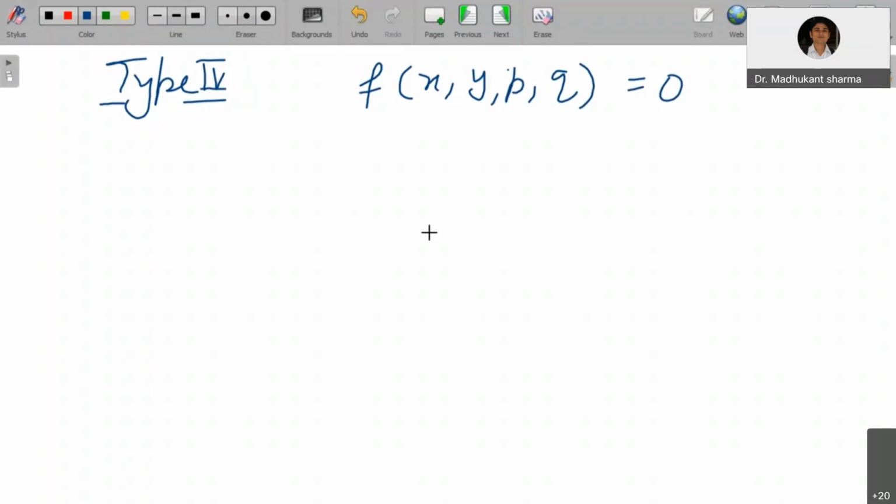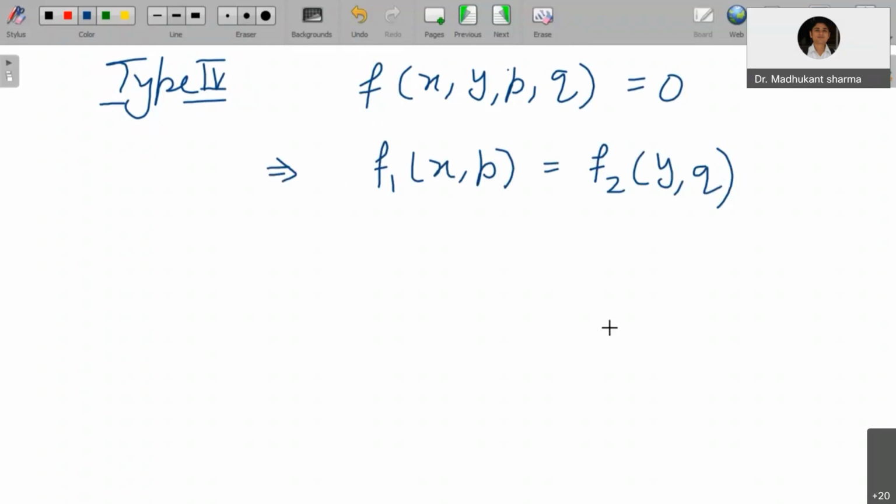Now suppose you are able to separate in some fashion. Means one side is purely a function of x and p, and the other side is a function of y and q only.